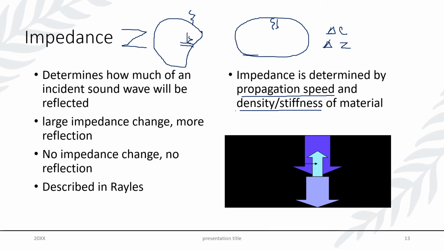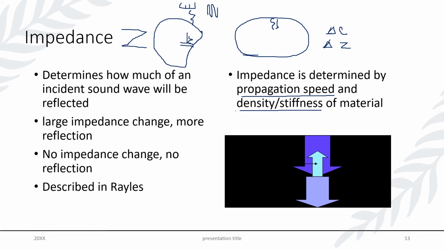When that reflection reaches our transducer, it is going to create a significant voltage, right? It reacts with the piezoelectric element. The element converts that sound wave into a voltage, and that high voltage is going to be demonstrated on our image as a significant brightness.